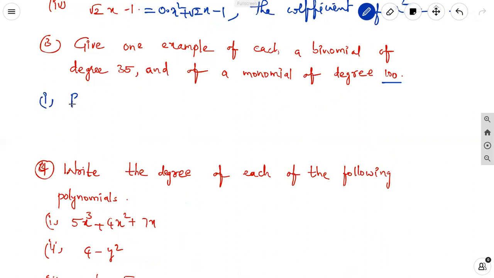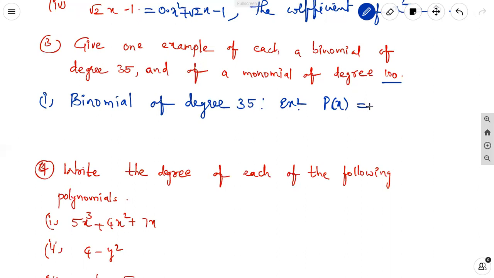For the binomial of degree 35, we take a polynomial having two terms: a x to the power of 35 plus b, where a, b belong to the set of real numbers R. Or you can substitute any values of a and b, for example p of x equal to 3x to the power of 35 plus 100.